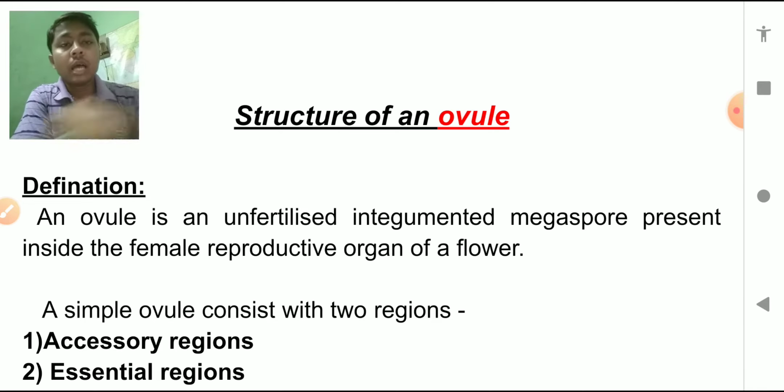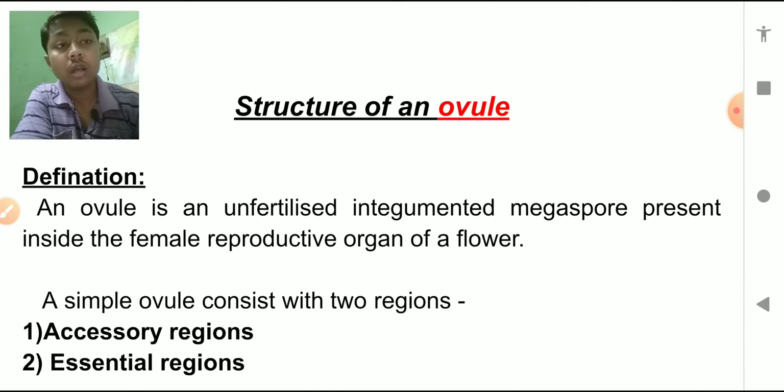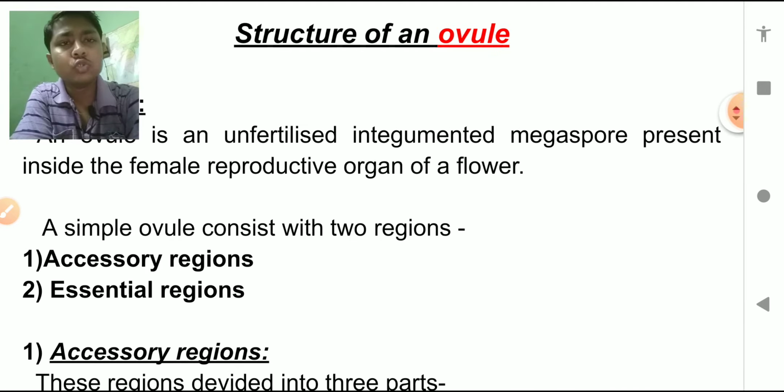Now first of all, we look at the basic structure of an ovule. Basically, an ovule has two regions: the accessory region and the essential region. From the name, accessory means the helping region, the region that helps the ovule in its work.